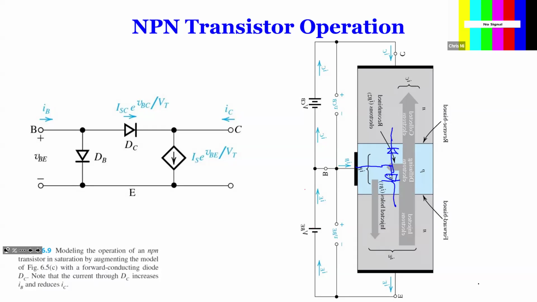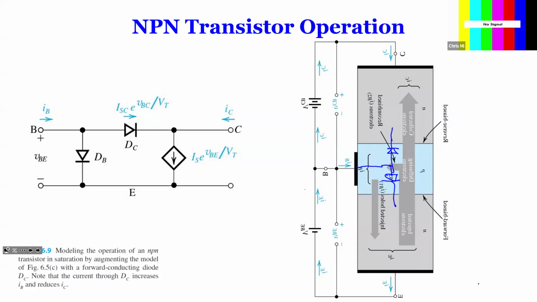But then there is also a current source between collector and emitter. So you get that exactly equivalent circuit. This current source is proportional to IS times e to the VB over VT, where VB is applied between base and emitter. The difference between IC and this one gives you the current over here.